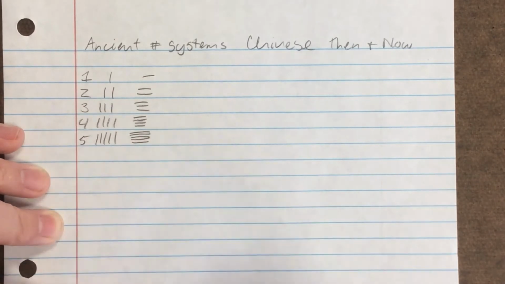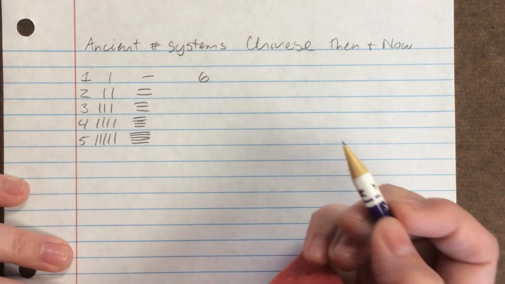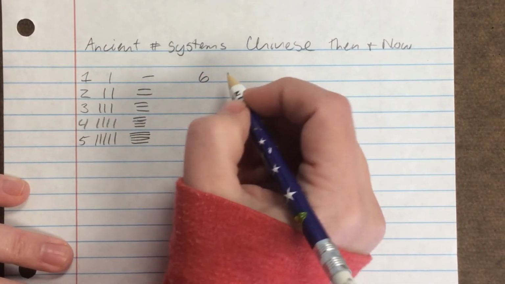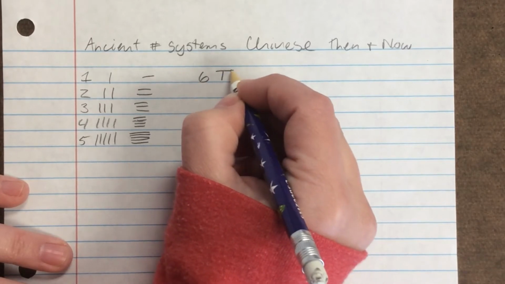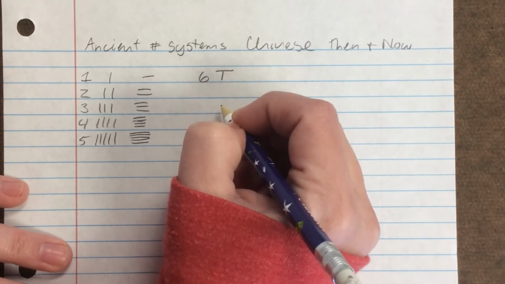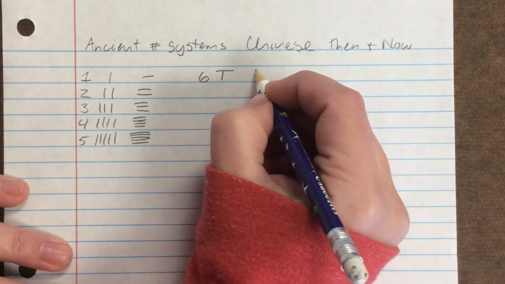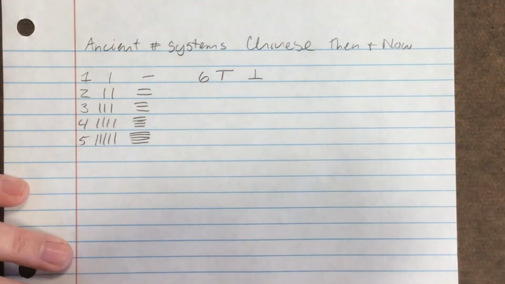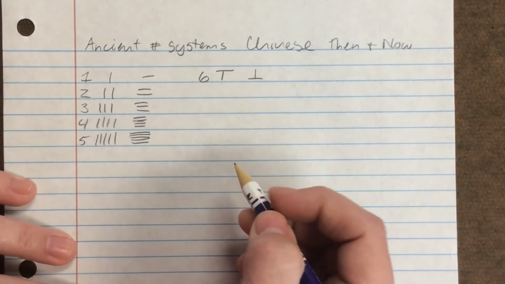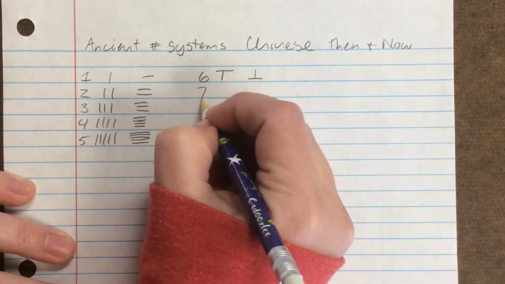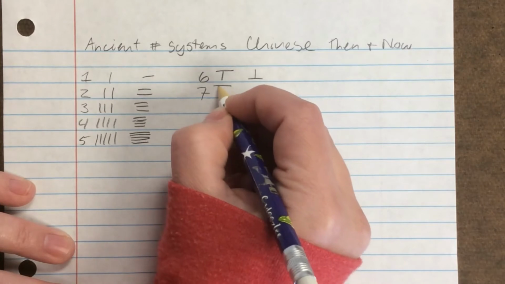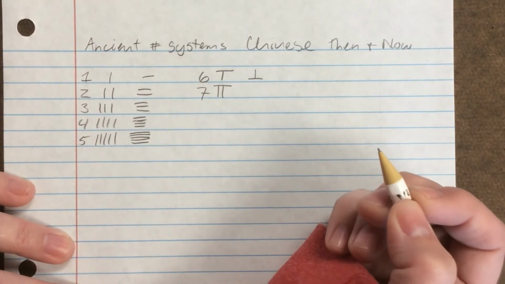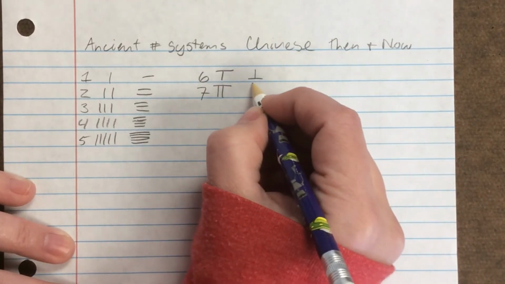So then 6, if you're doing the vertical numbers, 6 ended up looking like this, kind of like a T. So one bamboo would go across that way and one bamboo would come down. But I've also seen it where it's just upside down. 7 was either like that if we're doing the vertical, or like that if we're doing it this way.